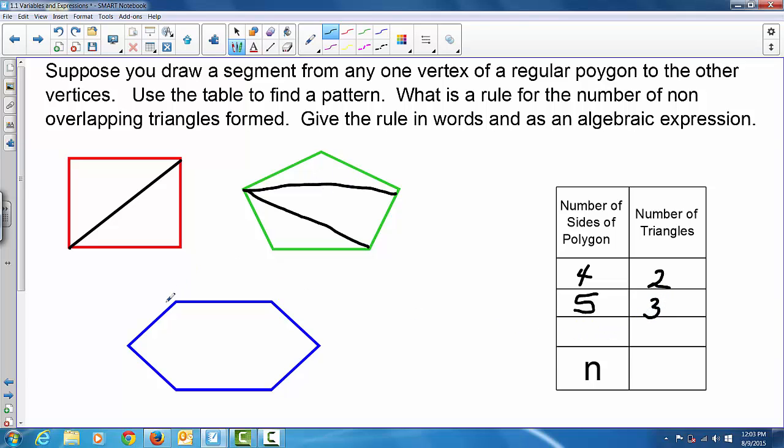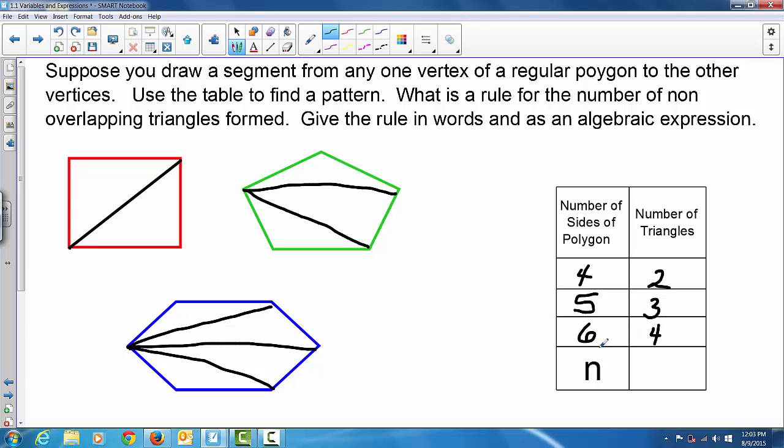Alright, last one. There are 1, 2, 3, 4, 5, 6 sides. I bet you can probably figure out how many triangles there are going to be, can't you? So here we go from here to here. Here to there. And here to there. 1, 2, 3, 4.